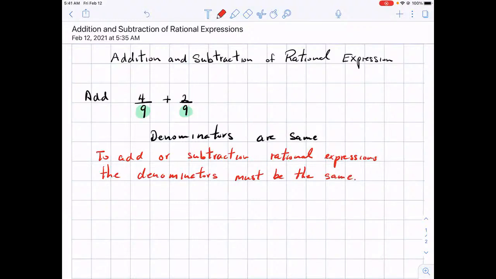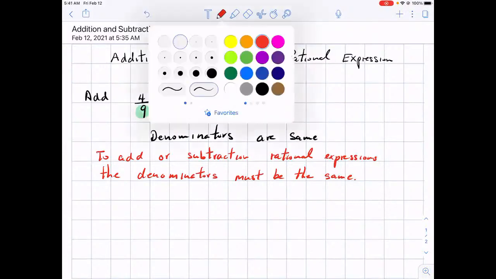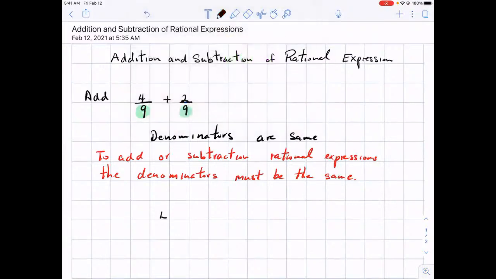So when the denominators are the same, we keep the denominator. We do not add the denominators. So here the denominator is 9, so our denominator will be 9.